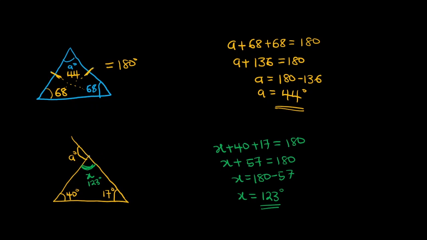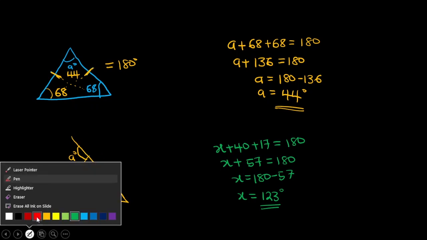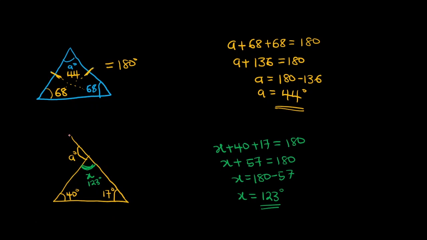Now to find A, we look at this in this way. So let me use red. So this is a straight line. The line over here, up to, let's say, somewhere around here, is a straight line. So where I'm drawing the red line is a straight line. So the angle over here, which is the A, plus the angle over here, which is the X, should add up to 180, because angles on a straight line add up to 180.